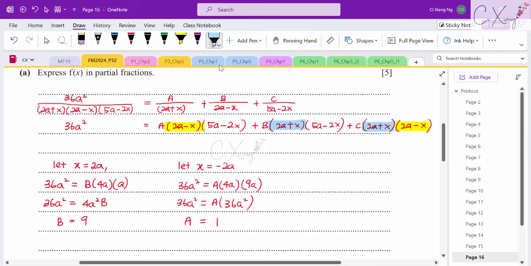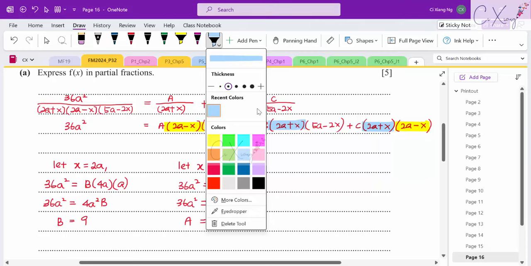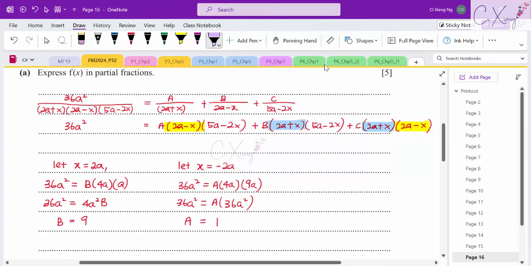Then the last term. To get the last term, I need to look at the final bracket that I never used before, which is 5a minus 2x. If I want to let this bracket become 0, I need to put x equals 5 over 2a.